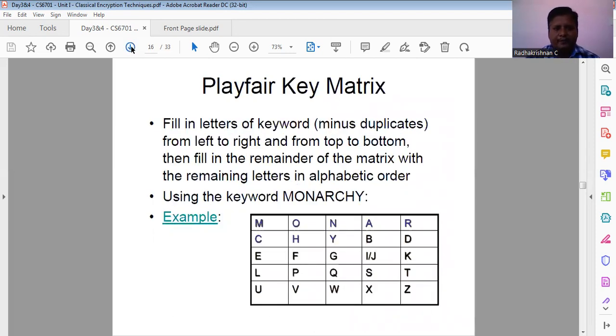To fill the Playfair cipher matrix, fill in the letters of the keyword, minus duplicates, from left to right and top to bottom.